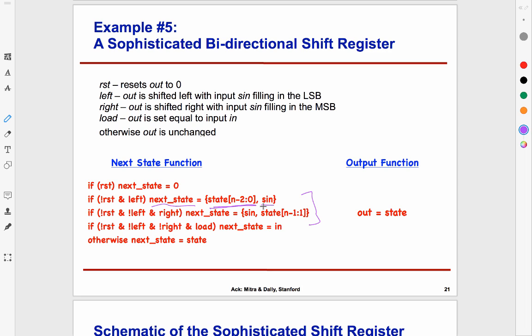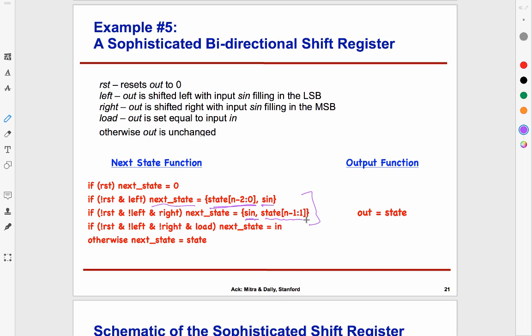And when I'm doing the right shift, then SIN is the new MSB, and the lower n minus 1 bits are what used to be the upper n minus 1 bits. Okay, so just a syntax like that. This is pseudocode, so I'm not following any particular language. But if you were using, let's say, Verilog or one of these hardware description languages, they do provide syntax for this kind of stuff.